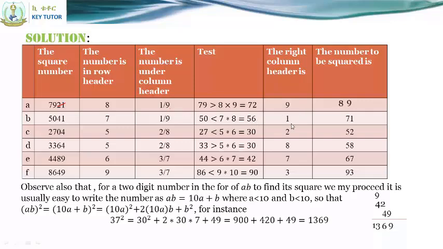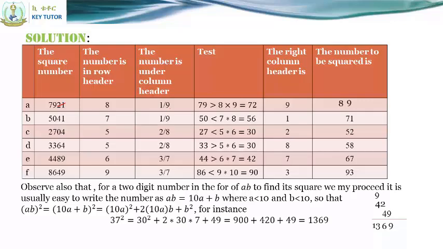So as in the previous, the 7th row implies you put here 7, and in the first column you put here 1, together it gives you 71, meaning 71 squared gives you 5,041. Let's also consider 2,704.